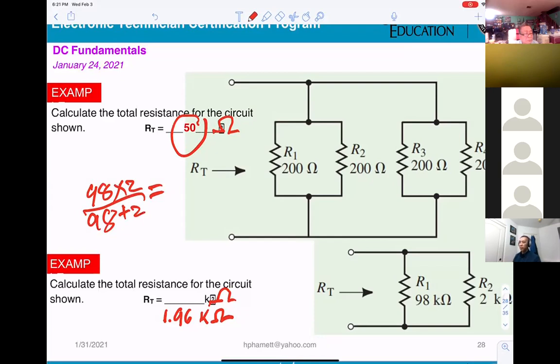And 1/2K is 500 times 10 to the minus 6. The sum is 510 times 10 to the minus 6. The reciprocal is 1.96K. Okay. So if you're not done yet, copy the answer.